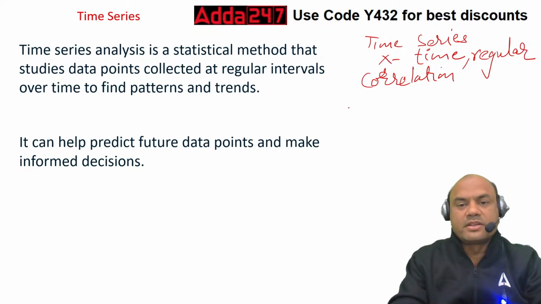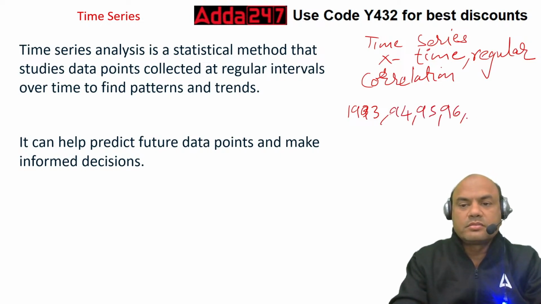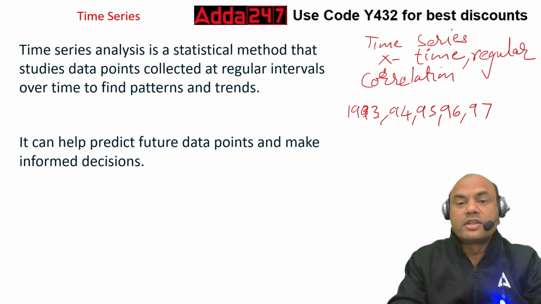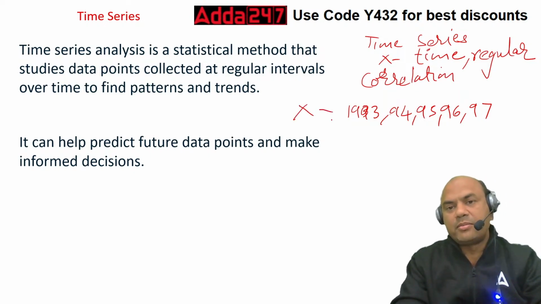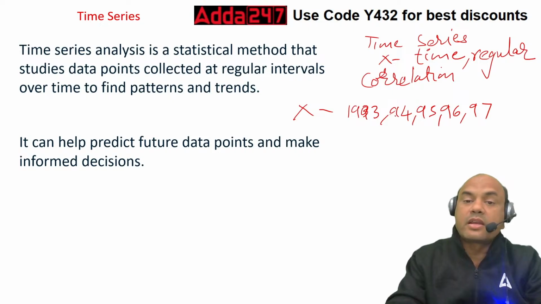Suppose I give these years: 1993, 94, 95, 96 and 97. Let's say these are the years. So this is a time series problem. Why? Because X is in years, time, and it is regular.